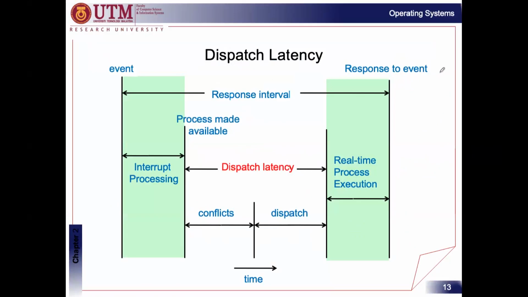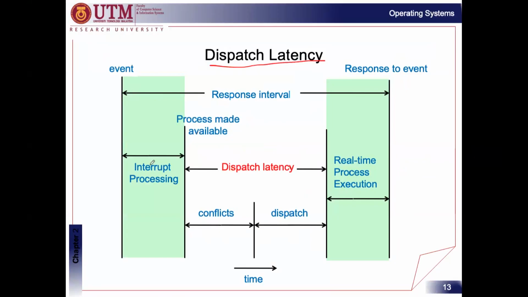Now they give another diagram of dispatch latency, with a similar idea but a different explanation. There is a response interval, and inside the dispatch latency there is the event and the response to the event.